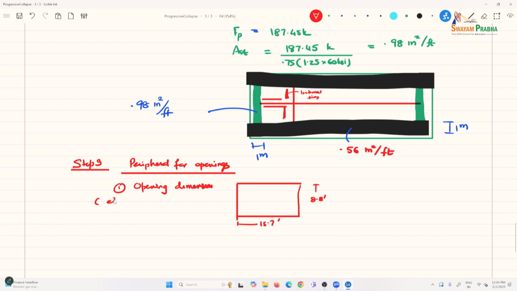This is for the elevator opening. And then the other one is the clear opening, 21.8 feet and 33.2 feet. This is the stairwell opening.